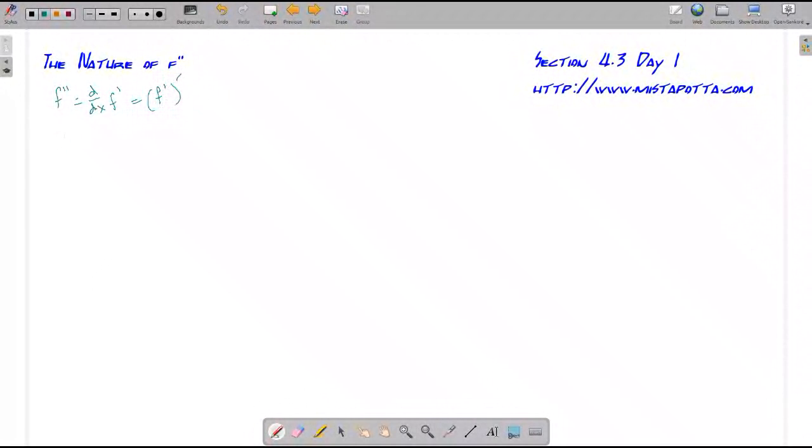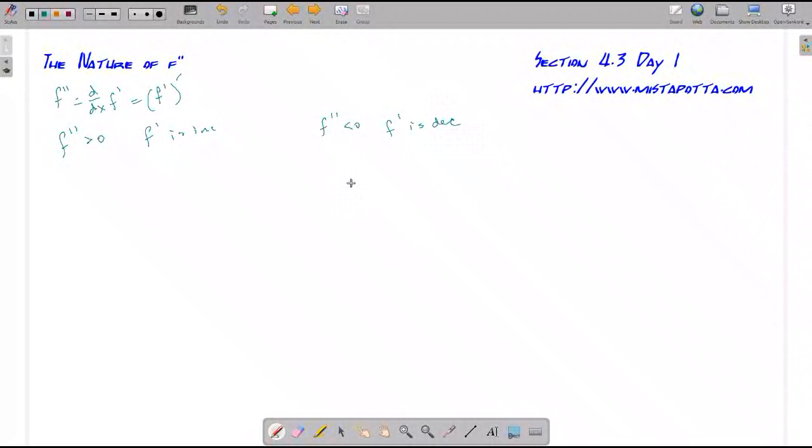So when I talk about the second derivative being greater than 0, that really means that f prime is increasing. And when I talk about the second derivative being less than 0, I'm talking about f prime decreasing on those domains.